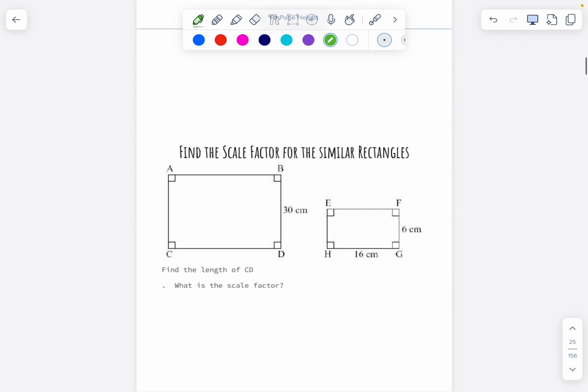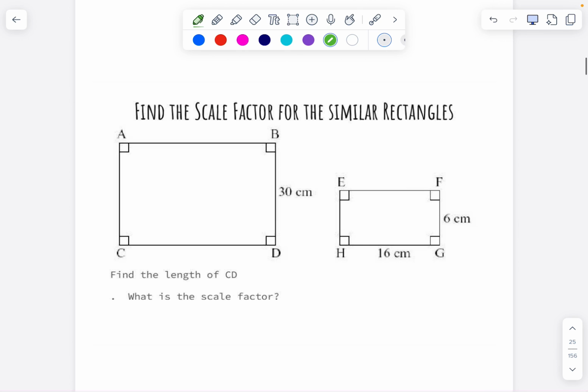All right. Scale factor. One more time, we can find the length of CD, but I just want to talk scale factor. What's the scale factor? You should ask me a question right after I say that. So what's the scale factor? Say it. Okay, so she's asking which direction.